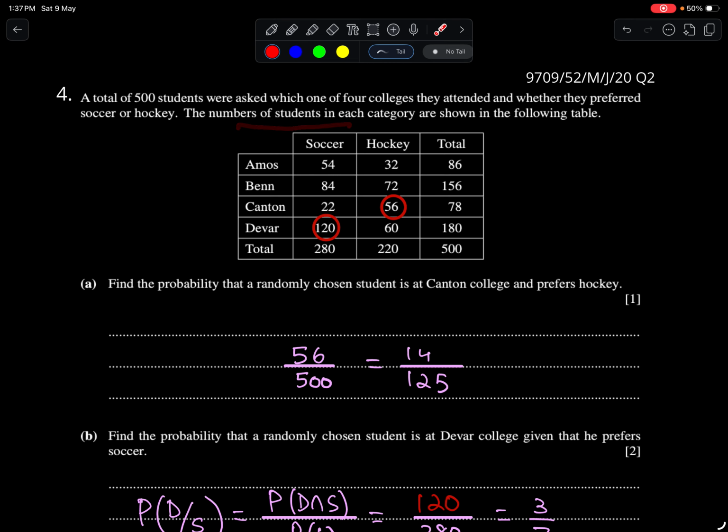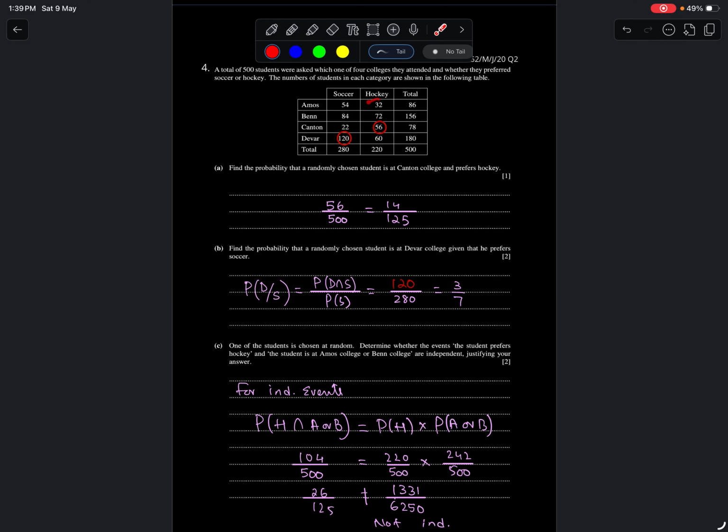Hockey A, hockey B. So 32 plus 72 makes 104 divided by total, and altogether hockey is 220, and A or B, just get the total of A or B, these two. So the common of H and A or B, H and A, H and B, just get the total of these two to get 104.